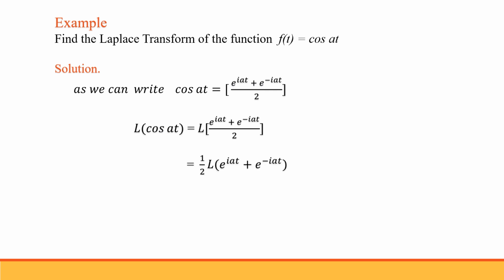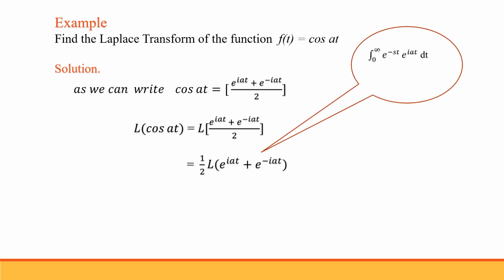1 upon 2 integral 0 to infinity e raised to the power minus st into e raised to the power iat plus integral 0 to infinity e raised to the power minus st into e raised to the power minus iat.